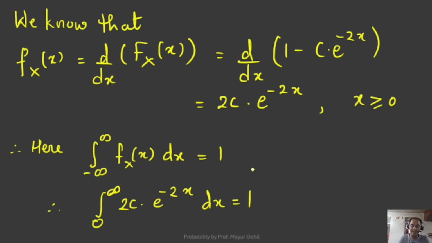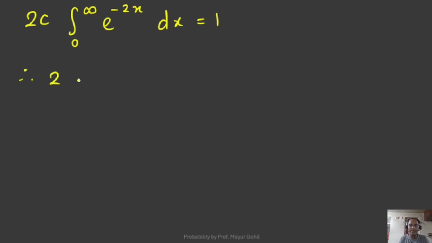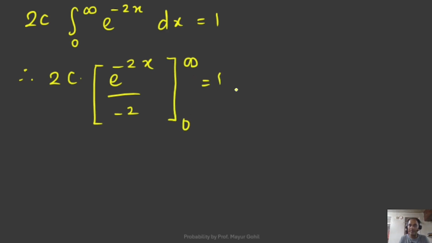We further integrate this: 2c comes outside the integration sign, and we have the integral from 0 to infinity of e raised to minus 2x dx equals 1. When we simplify this, we get 2c into e raised to minus 2x divided by minus 2, from 0 to infinity.